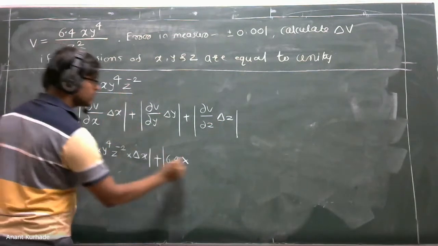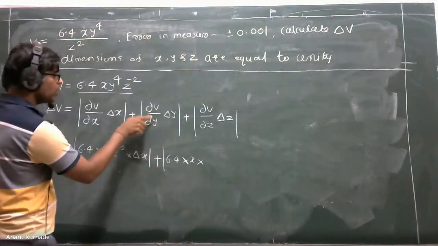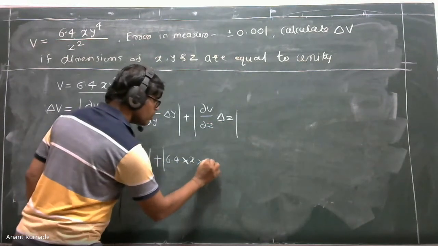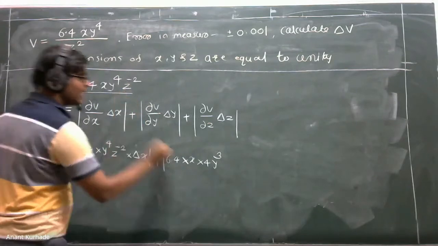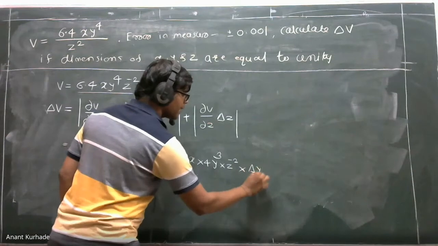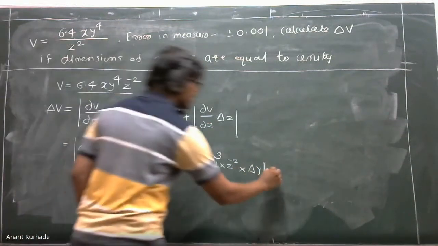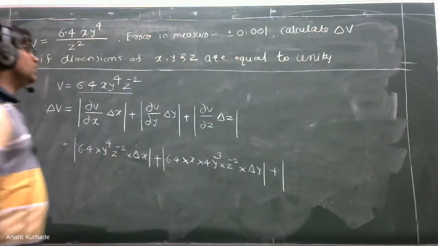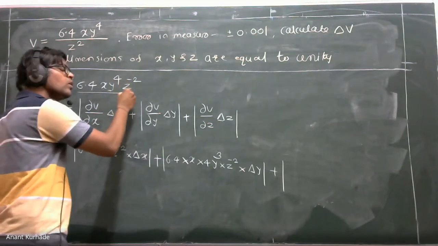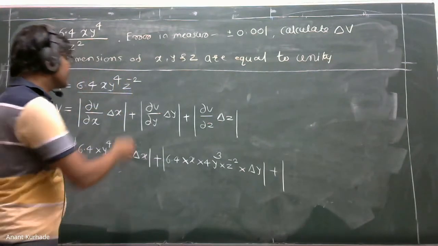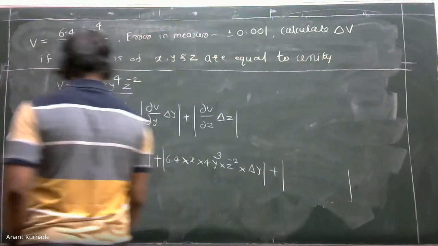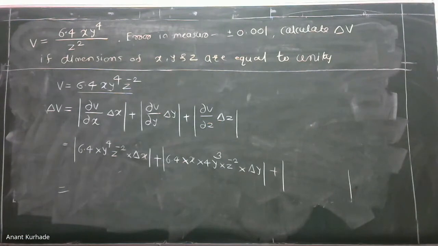So 6.4 into x, keeping x and z constant, derivative with respect to y is 4y cube, and z raised to minus 2 as it is, into delta y, plus the last one, with respect to z: 6.4 into x into y raised to 4 into minus 2 into z raised to minus 3. And tell me the final answer. Okay, do this.